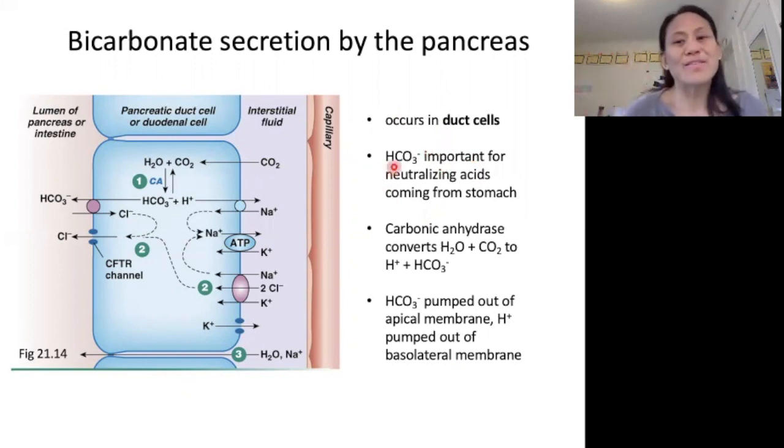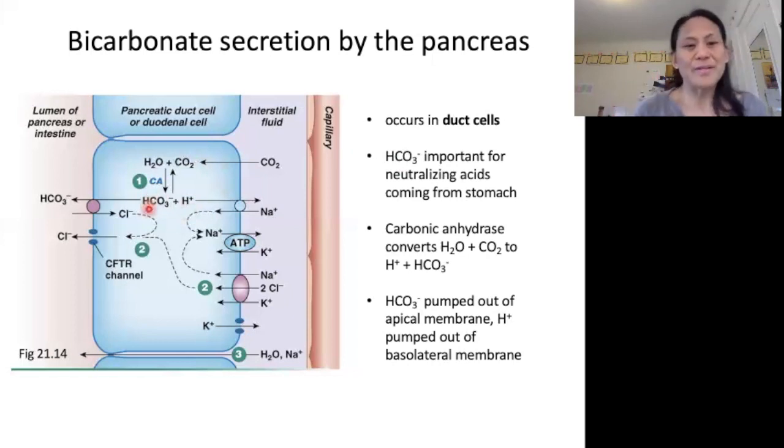Now let's just take a quick look at the mechanism by which bicarbonate is secreted by the pancreas. You can probably guess what that mechanism is based on our bicarbonate secretion in the various other cell types that we've seen so far. There's a lot of detail here that I don't really want you to pay attention to. Main thing is that we use carbonic anhydrase to convert H2O and CO2 to H+ and bicarbonate.